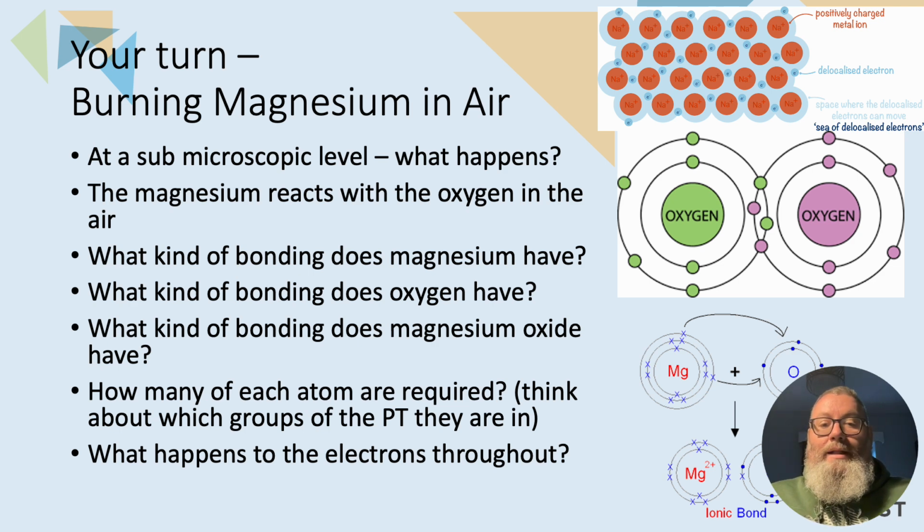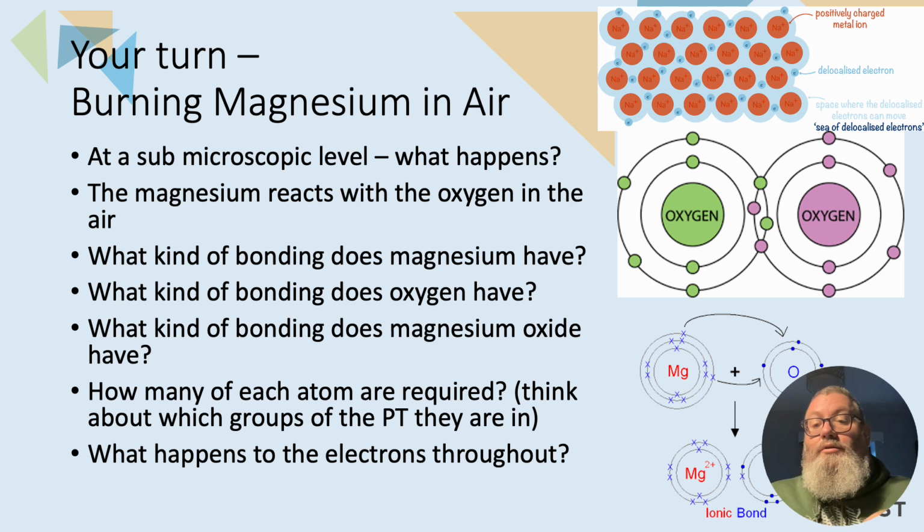So if you think about that, how many atoms of each are required? Well, it's a 1-to-1 ratio, because we don't need any additional electrons from anywhere or any additional spaces from anywhere. And that leaves us with a magnesium 2+ ion and an oxygen 2- ion. Remember, loss is positive, gain is negative. So magnesium's lost 2 electrons, so it becomes positive 2.